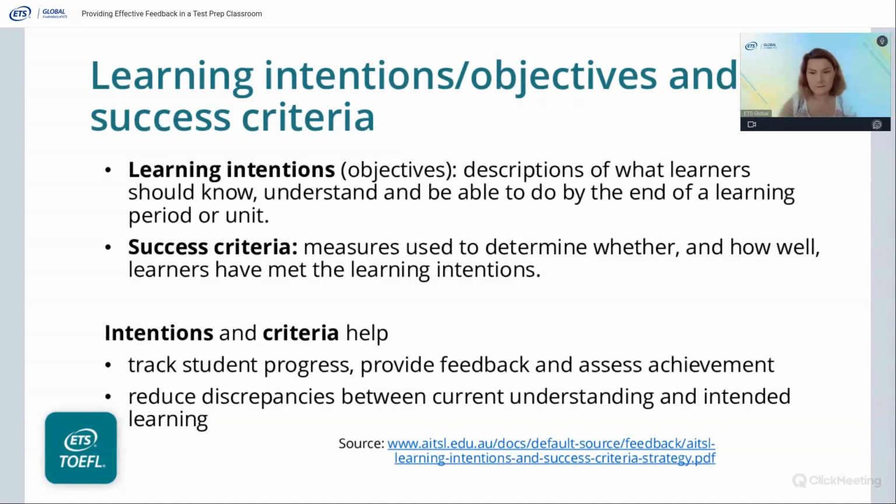Do you mean successfully use present simple sentences, affirmative sentences, questions, and so on? So the success criteria need to be specific, easy to understand, measurable, and need to be observable through the task that you are providing the students with.